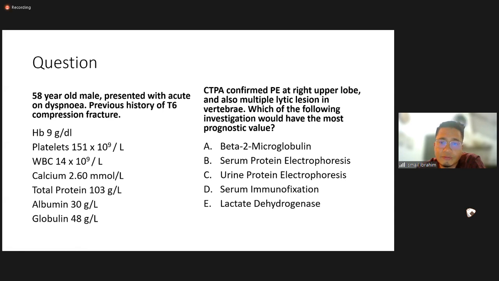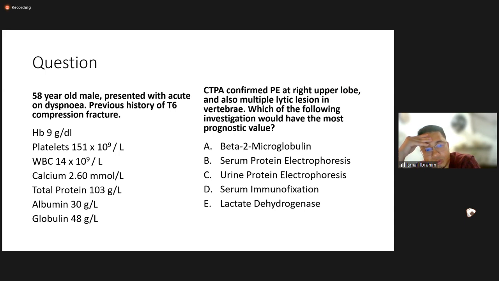Now, this is a condition, multiple myeloma. A 58-year-old man with acute dyspnea, previous history of T6 compression fracture, hemoglobin of 9, platelet of 151, calcium raised at 2.60. But if you try to correct that, the calcium level will be much higher.